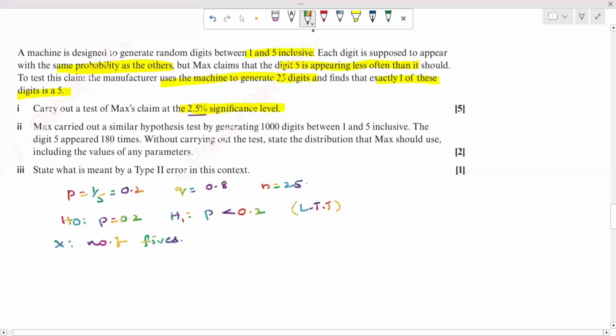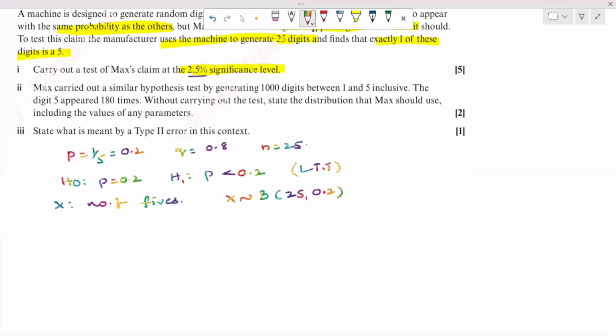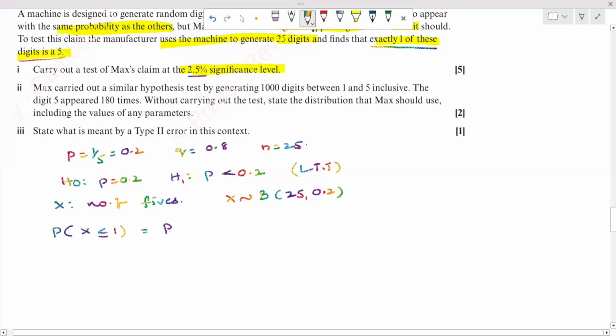X is binomially distributed, n equals 25, p value will be 0.2. Now see here, we have to test exactly one of these digits is 5. Since this is a lower tail test, we should go for less than or equal to 1. It means P of 0 plus P of 1. Simplify that.